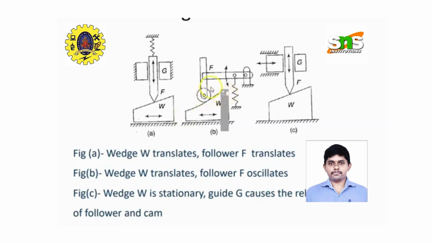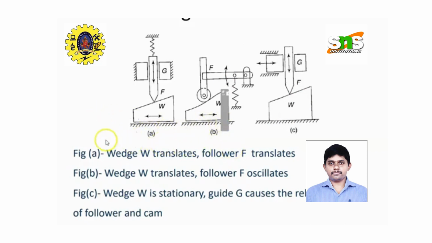The first type here is the knife edge follower, and the second one is called the roller follower. In this roller follower, when the wedge shape makes a movement, either in the positive x direction or the negative x direction, accordingly the roller raises the follower in the upward and downward direction.